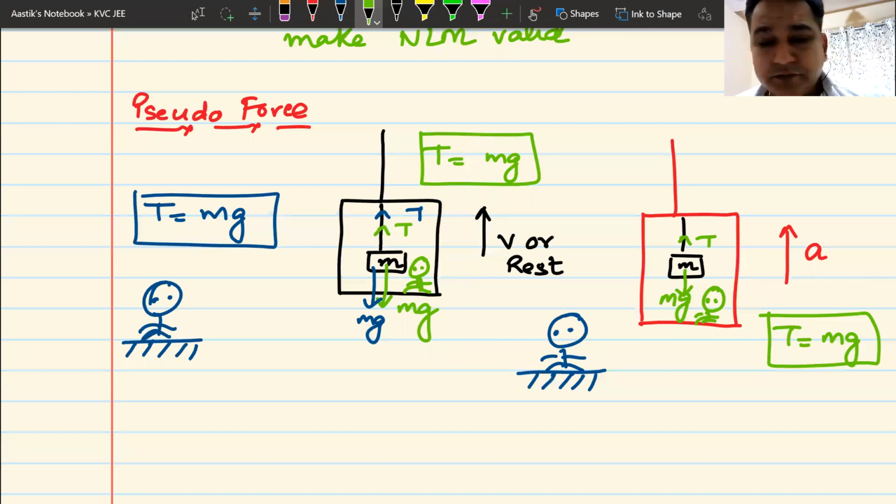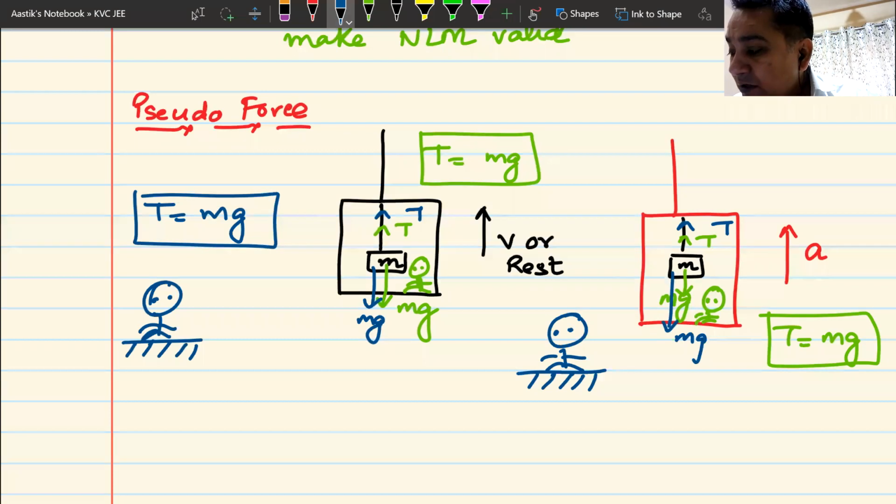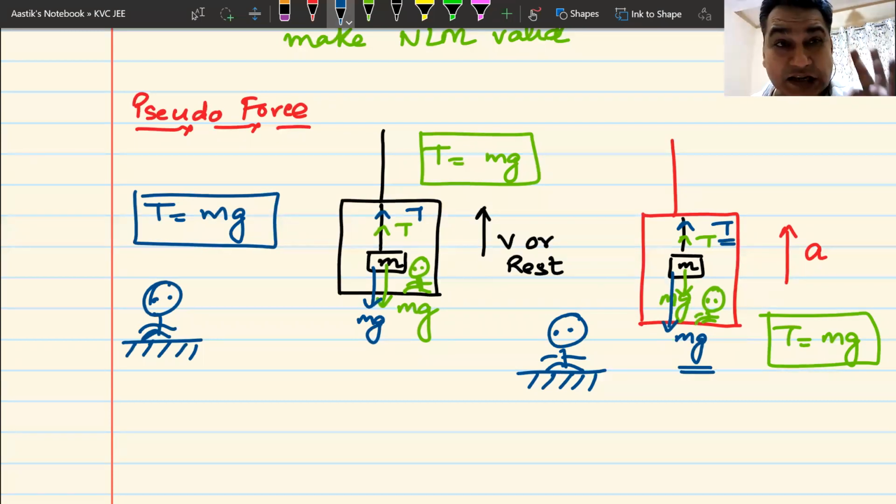But now let us see, what does the blue hulk see? Blue hulk sees that, okay, T is upwards, he agrees on this. mg is downwards, he also agrees on this. Remember, this T and mg are real forces. They exist. mg is the weight of the body.